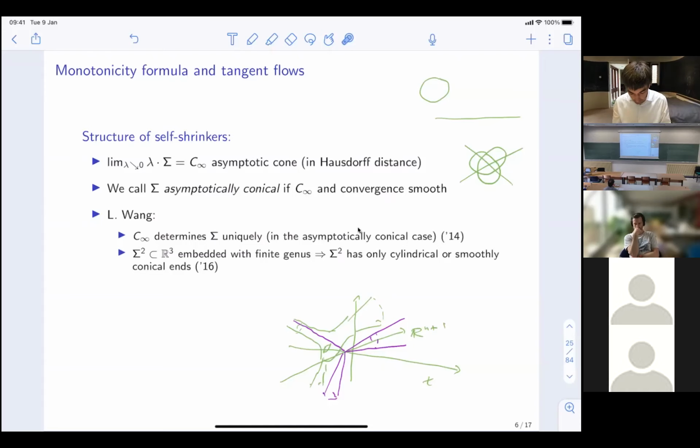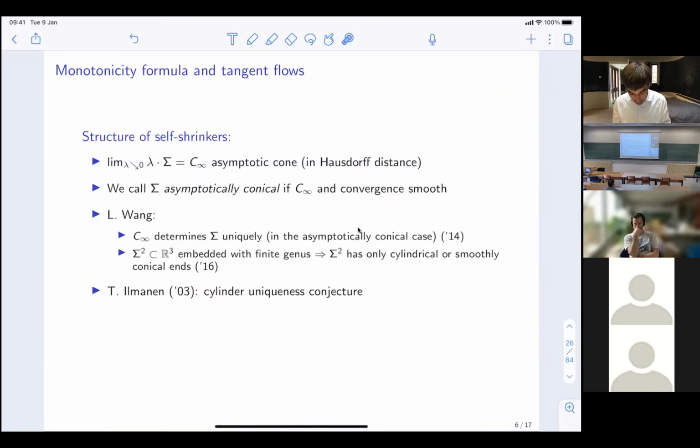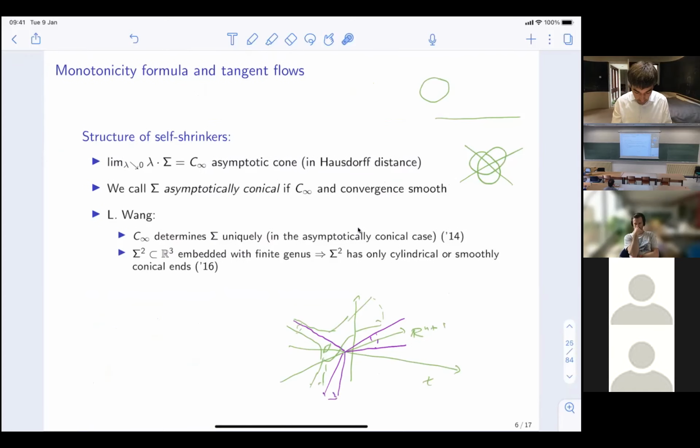Okay. Now, Ilmanen actually conjectured that this cannot happen. This is more or less a strengthening of this result of Lu Wang in the asymptotically conical case: that also if you're asymptotic to a cylinder, you also have uniqueness, you have to be the cylinder. That would be the cylinder uniqueness conjecture.